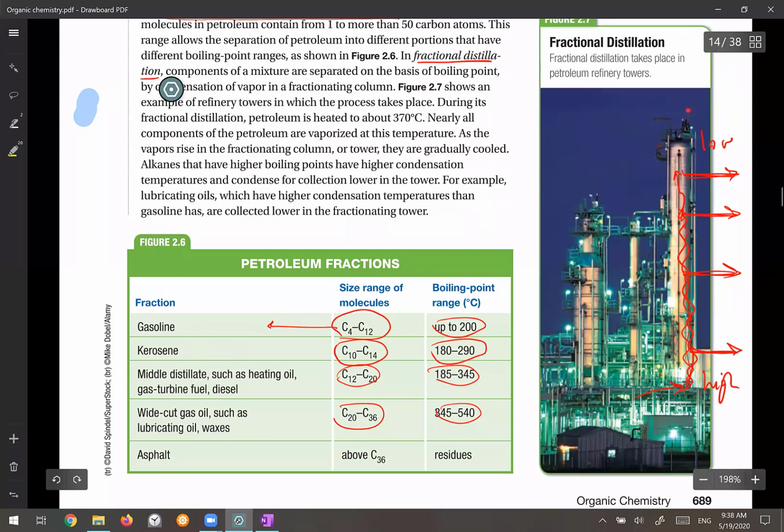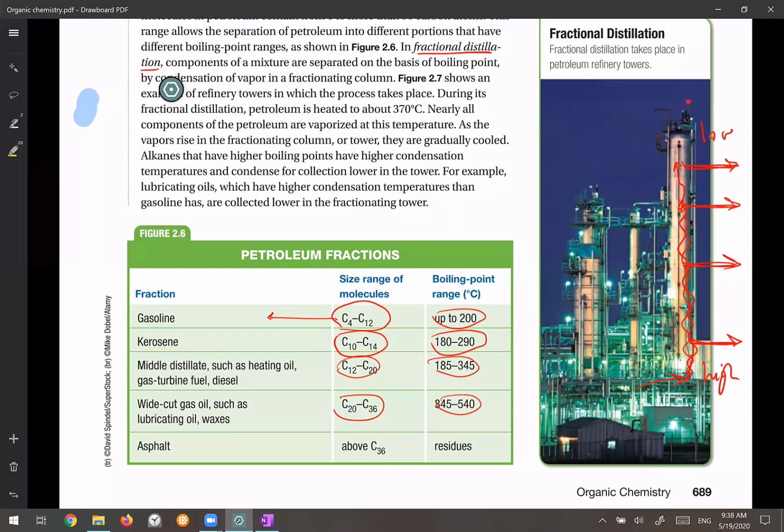The hydrocarbons which are big have a high boiling point, so they go only a little way up and come out at the bottom. For some of them, for example above carbon 36, the boiling point is so high that we cannot evaporate them. We can just liquefy them, and they come out at the bottom of the column. We use them as asphalt.